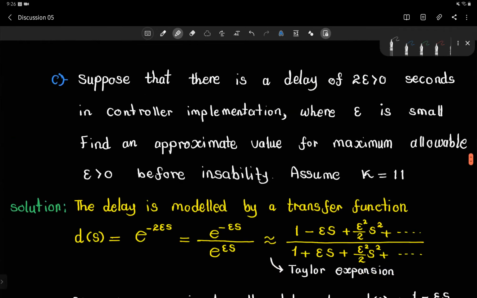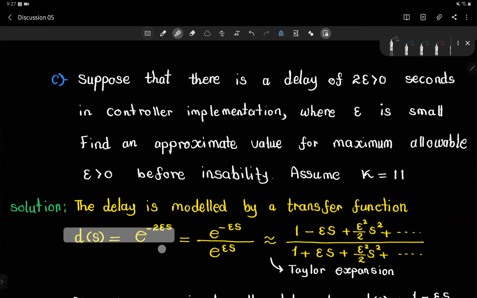So the delay is modeled by a transfer function, by this exponential here. So D(s) is equal to e to the power -2 epsilon s. Sorry, this is the equation that models the delay in a transfer function setting.